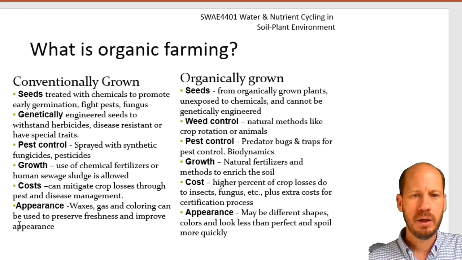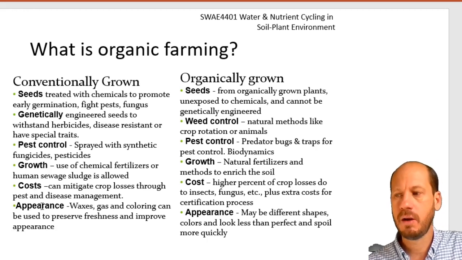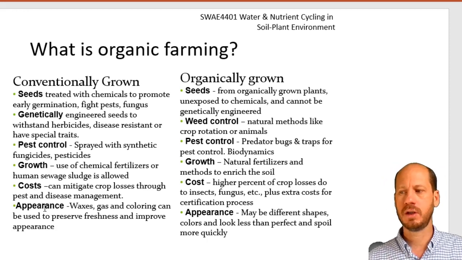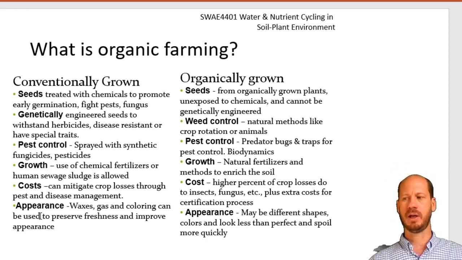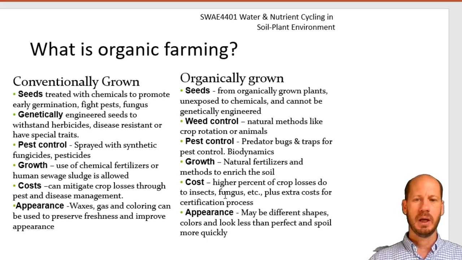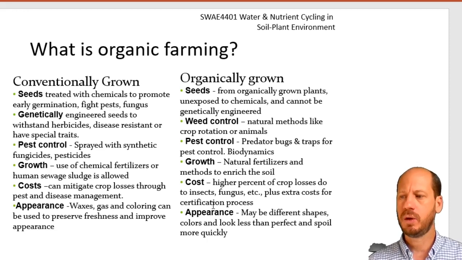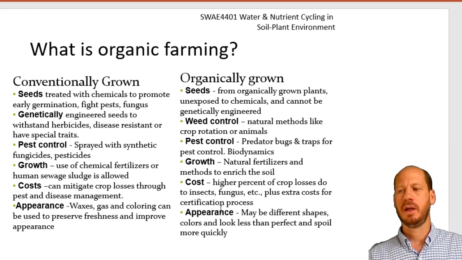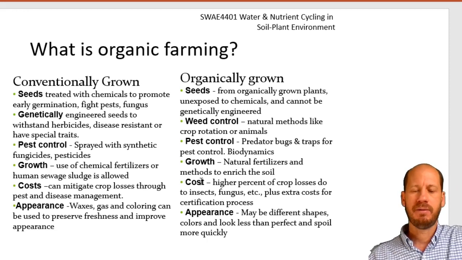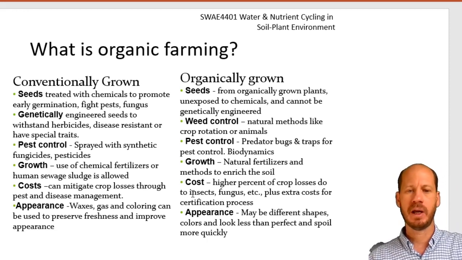As for cost, the production costs in conventionally grown farms tend to be lower than in organic farming. Nevertheless, in organic farming you may sell at higher prices, so you can make up for the higher cost.